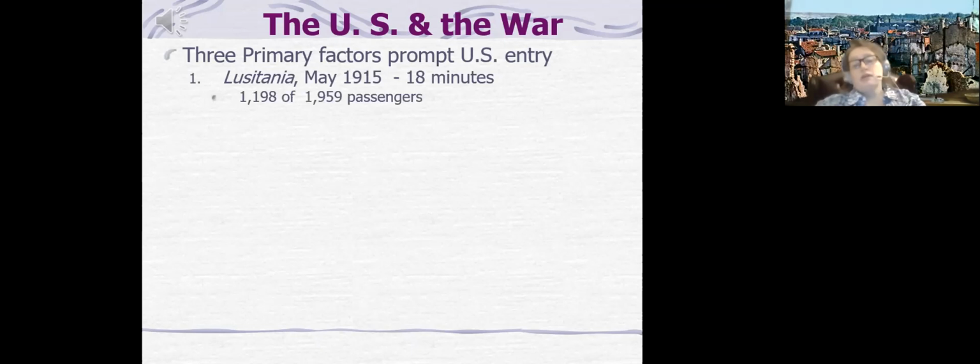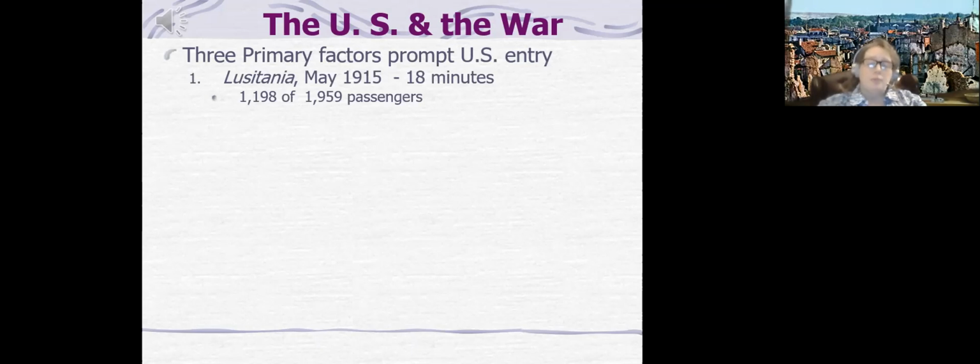They sank it, and it went down completely in 18 minutes and took down almost 90% of all of its passengers. About 1,100 of the 1,900 passengers die as a result, or go down with the ship.